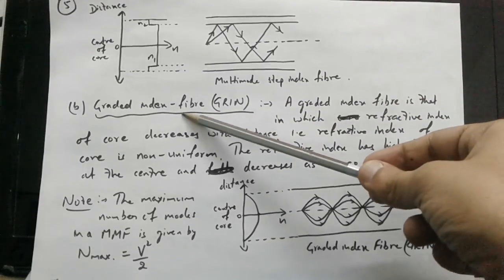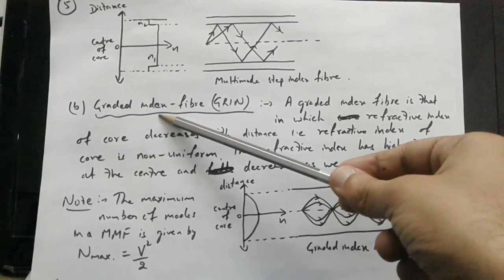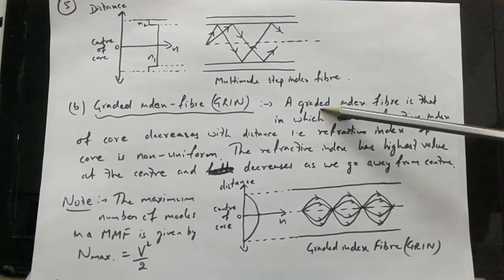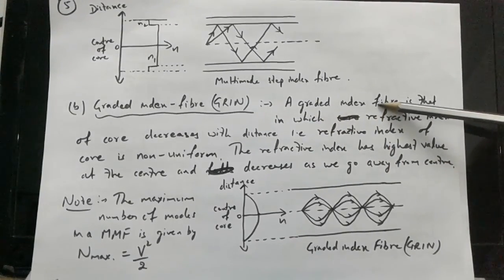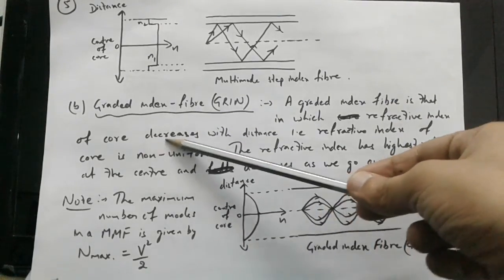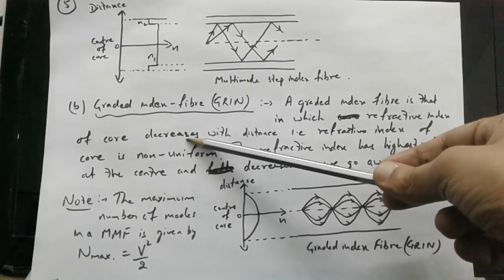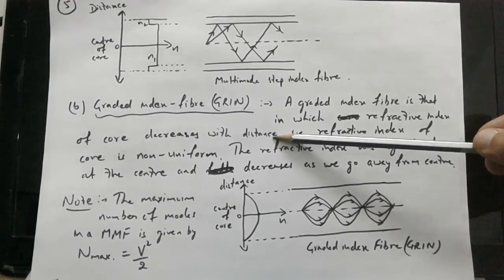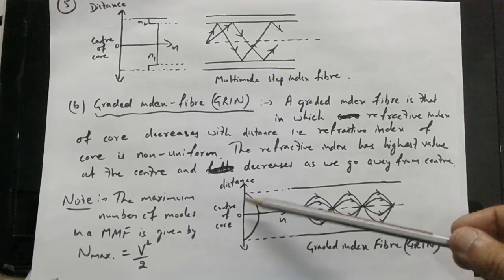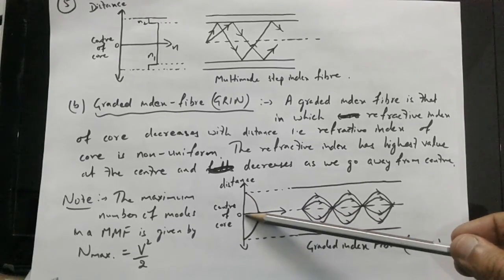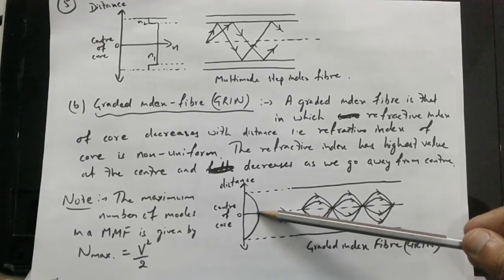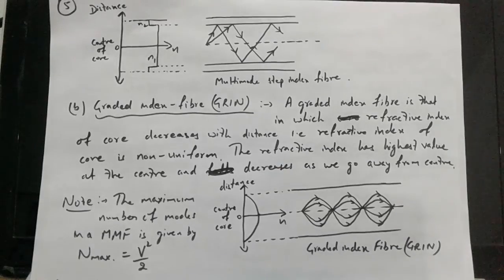The other type of multi-mode fiber is graded index fiber. So in graded index fiber, what is the difference? Here the refractive index of the core is non-uniform and it decreases with the distance from the center. As you can see here in this graphical depiction, the refractive index of the core varies non-uniformly.